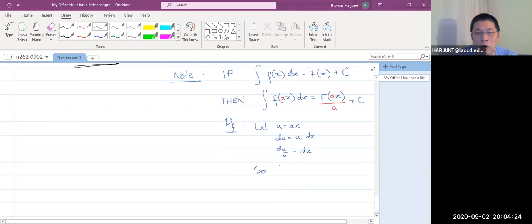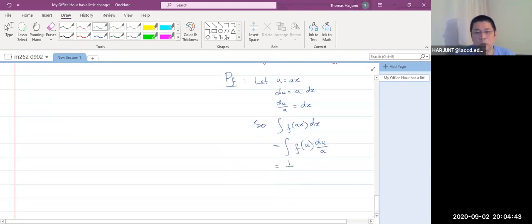So now our integral of f(ax) dx can be substituted to be the integral of f(u) du over a. But this is 1 over a times capital F(u) plus constant, which is 1 over a times F(ax) plus constant.